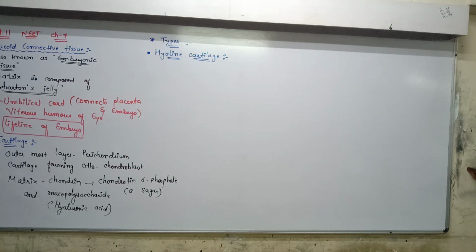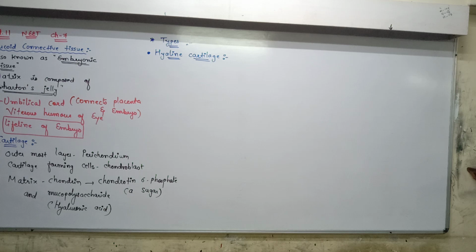In yellow elastic cartilage, it remains elastic forever. White fibrous cartilage example: tendon will also come along with this. I told you that the tendon connects the muscles to the bones on both sides.